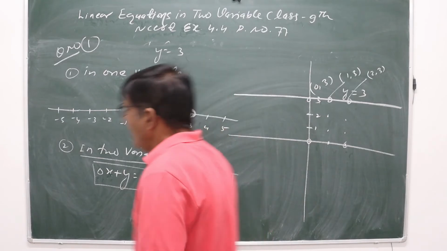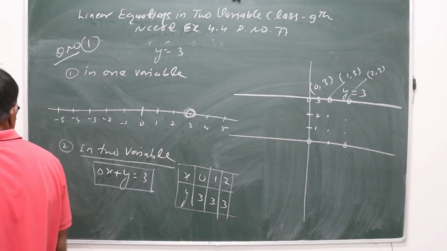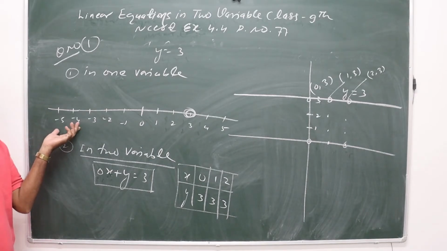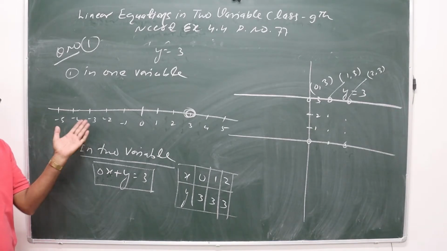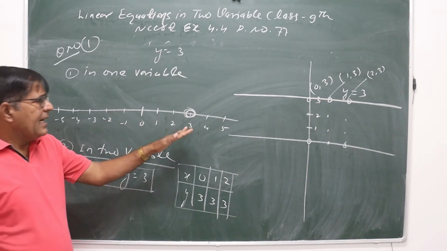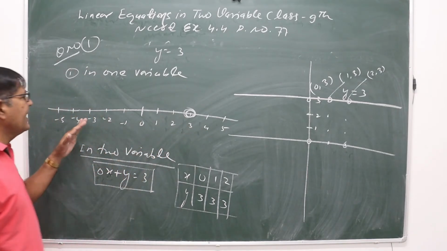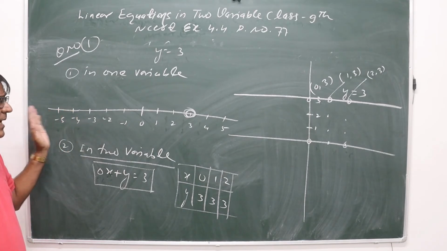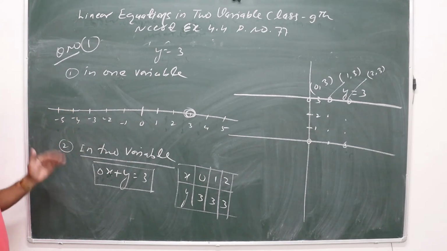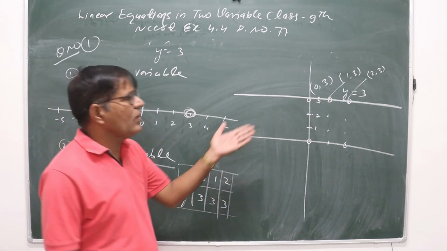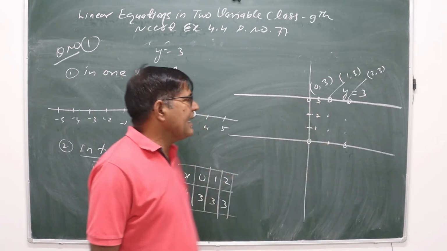So in this way, when we are given a linear equation in one variable, we can simply draw a line, and on the line if the value of that variable is positive, then it lies on the right hand side of 0, and if the value is negative, then it lies on the left side and we mark the point. In two variables we can take the set of solutions and draw the graph which will represent a straight line.